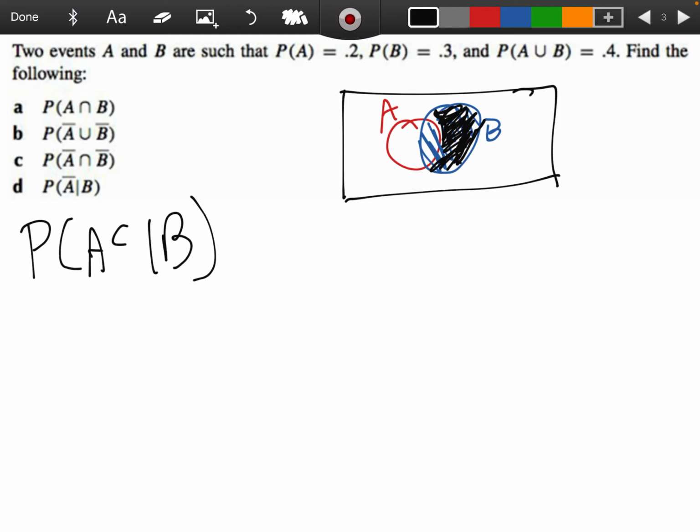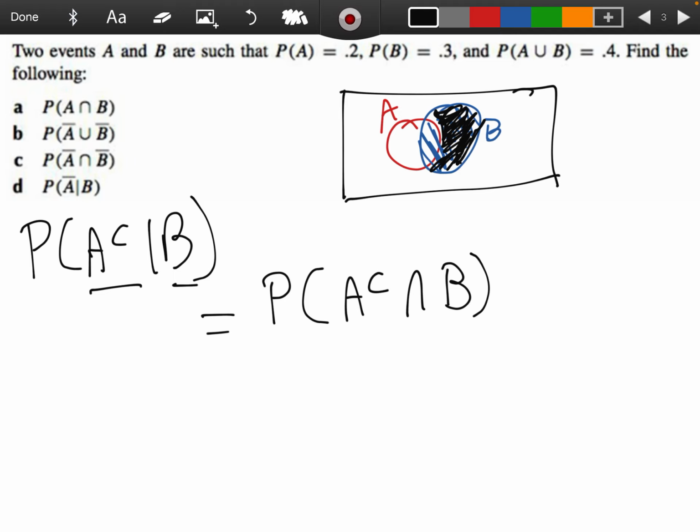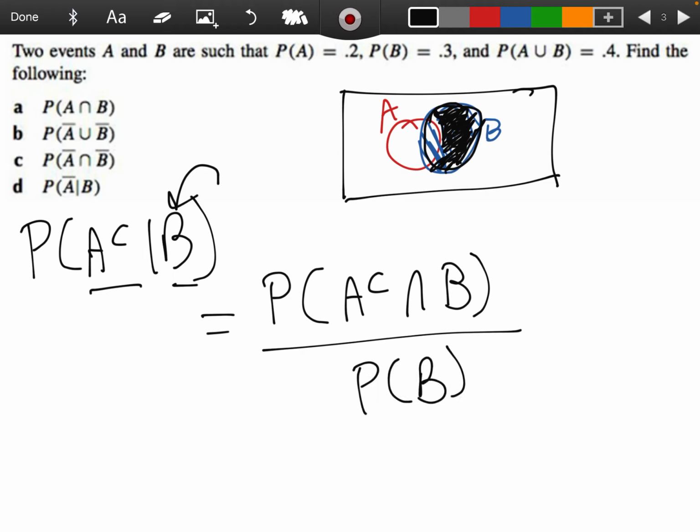Okay, if that is not helpful to you, and I imagine it might not be, let's just write it out using the rule that says the probability of something given something else is the probability of their intersection, A complement intersect B, divided by whatever you're conditioning on. Whatever we're restricting our attention to: we're somewhere in B, and we're in the part of B that is not in A. Can we do it?